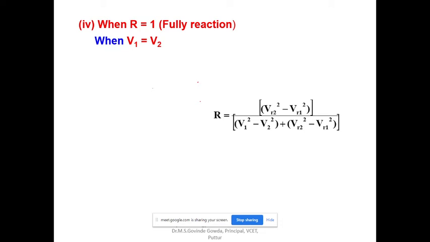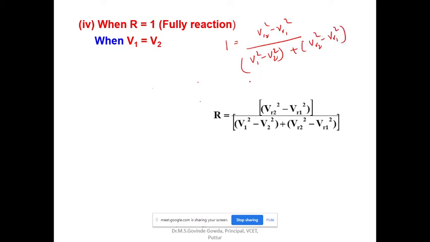The fourth one is when R equals 1. When R equals 1, the complete turbine is operating on full reaction, so there is no impulse here. Can anybody analyze this? Substitute 1 in place of R: 1 equals VR2 square minus VR1 square, whole divided by V1 square minus V2 square plus VR2 square minus VR1 square.